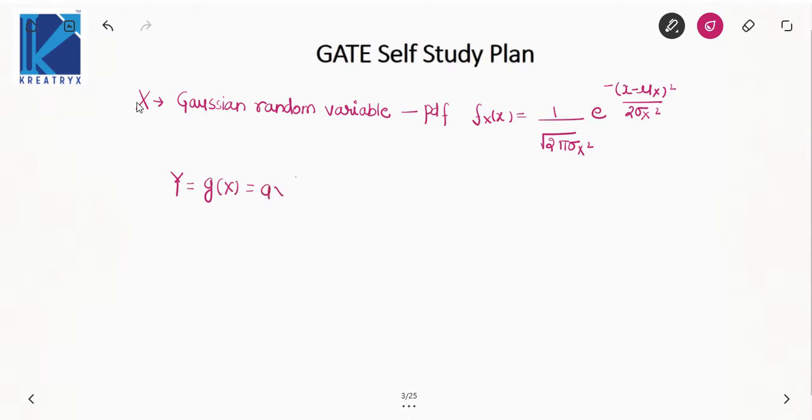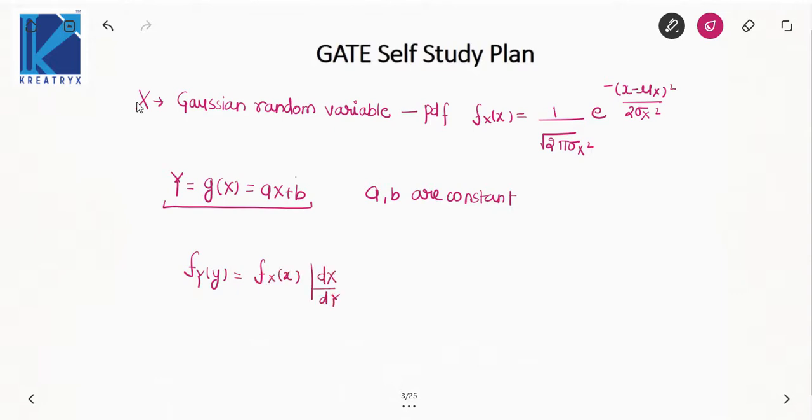I am assuming it as ax plus b, where a and b are constants. Now we have to calculate the PDF of y. So we'll use the formula fy of y equal to fx of x mod of dx by dy. But y was ax plus b, so we'll differentiate it with respect to x, so it will become dy by dx equal to a, and mod dx by dy will become 1 by a.